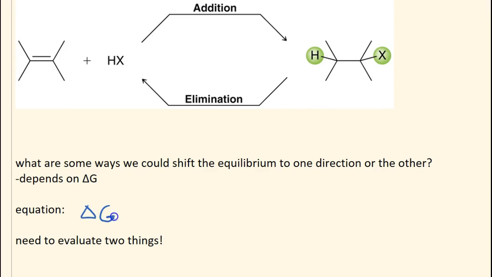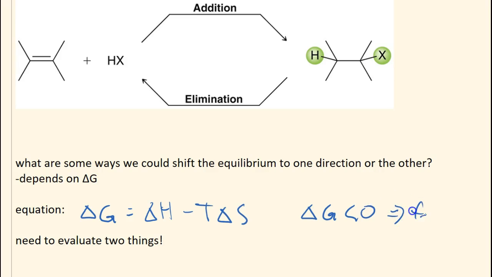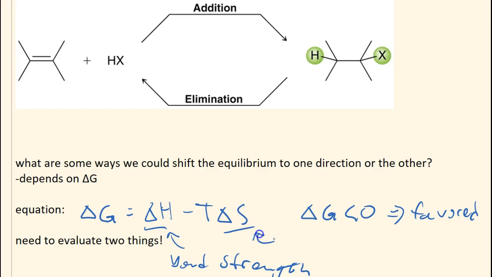Remember, delta G equals delta H minus T delta S, and delta G negative is favored. Okay, so delta H is enthalpy, that is bond strength, and the delta S term is entropy, which is really just the number of freely moving particles.